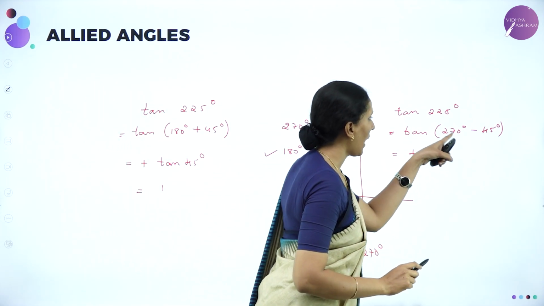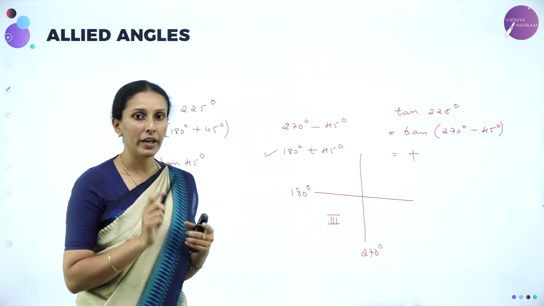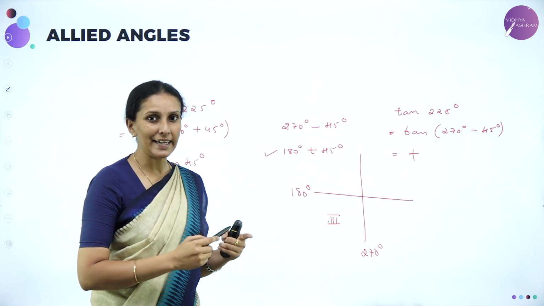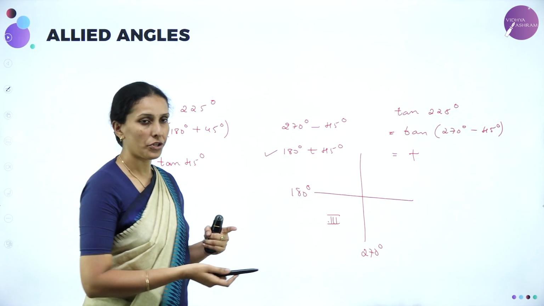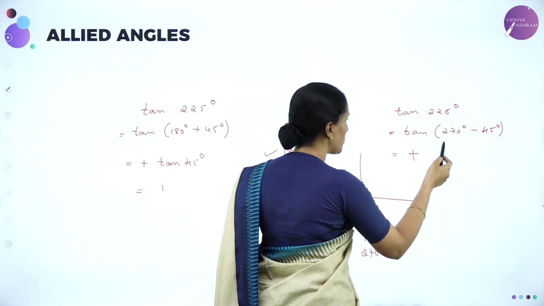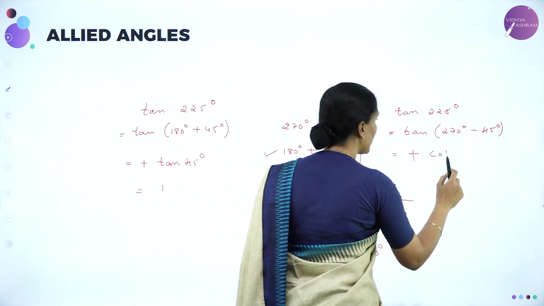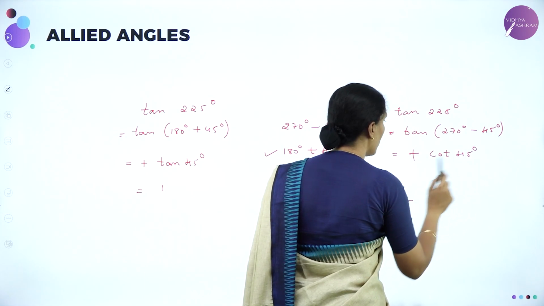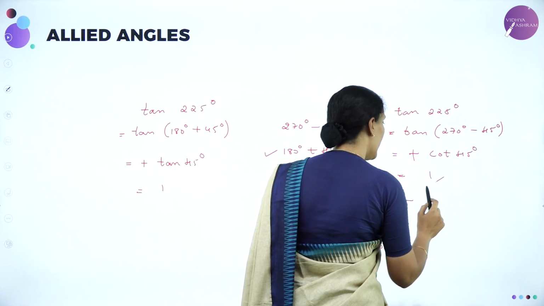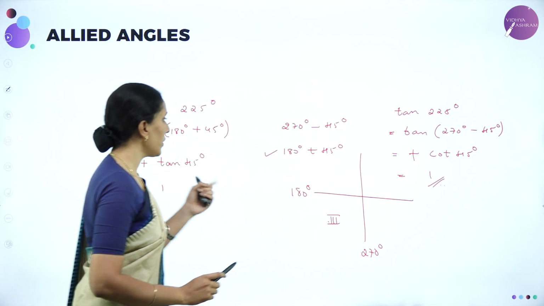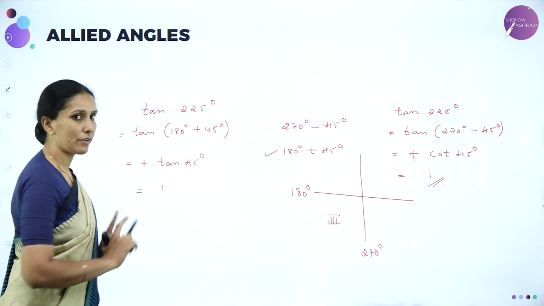But we are taking an allied angle with 270. Whenever you take an allied angle with 90 and 270, the function should change. So tan changes to cot, and I should take this as cot 45 degrees. Now what is the value of cot 45 degrees? It is 1.